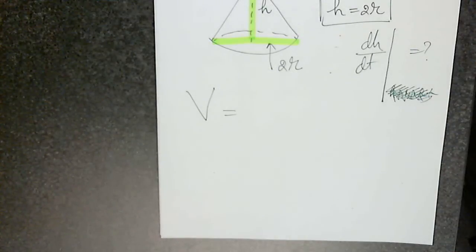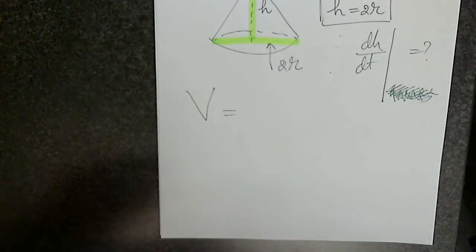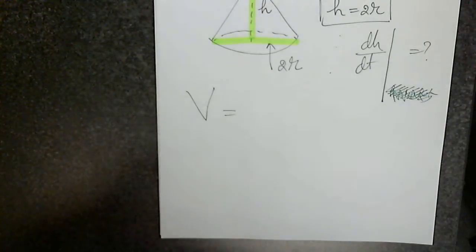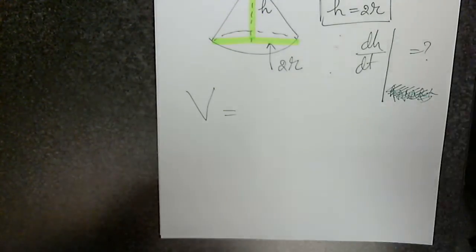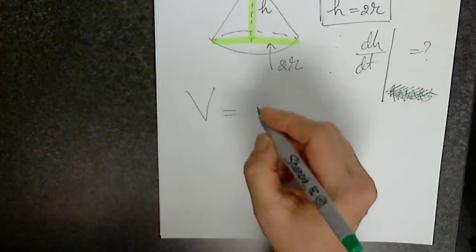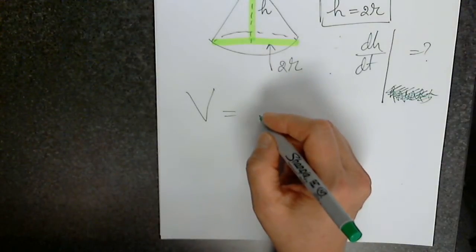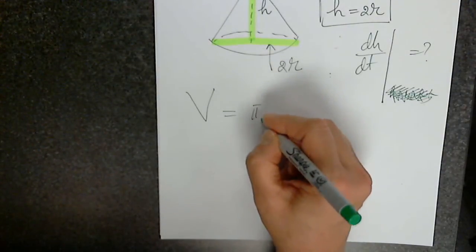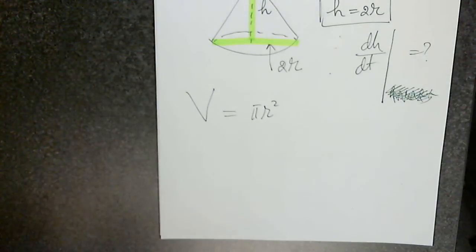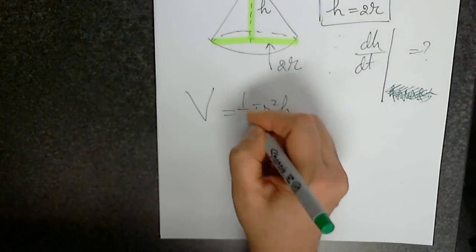What is the volume of a cylinder? Area of the base times the height. What is the area of the base? It's pi r squared. It's a circle. So area of the base times the height with 1/3 in front.